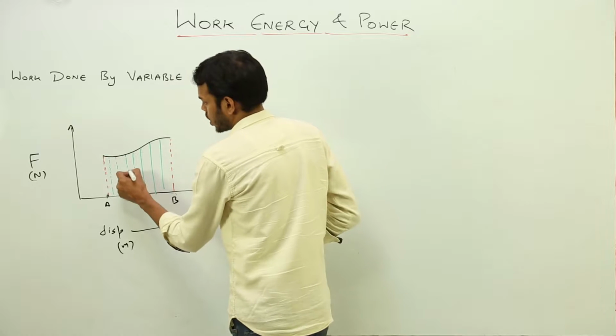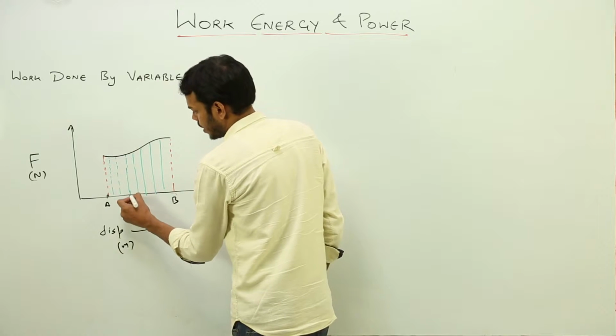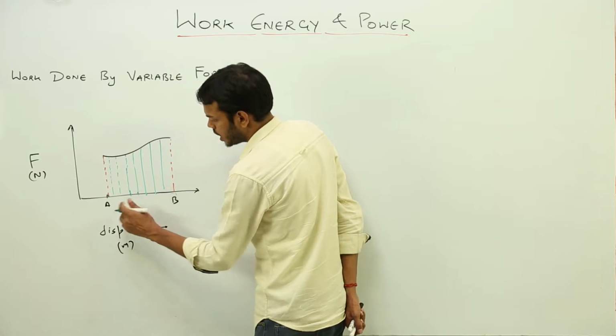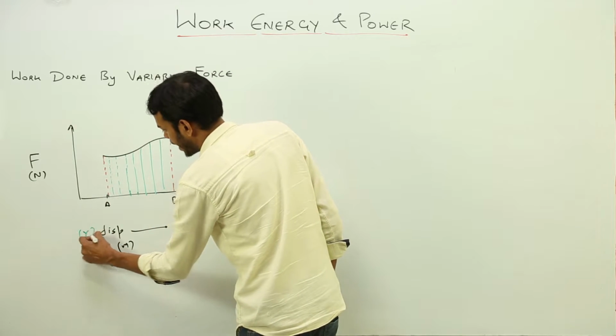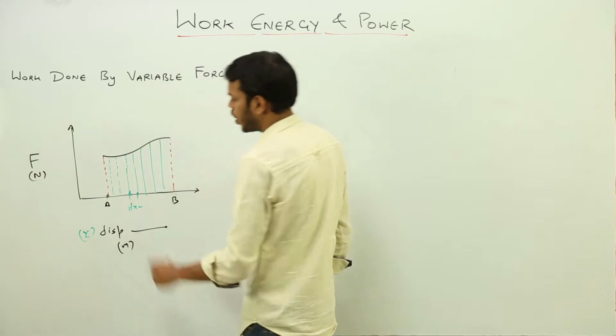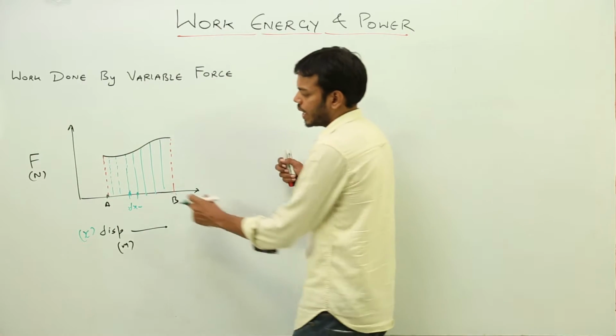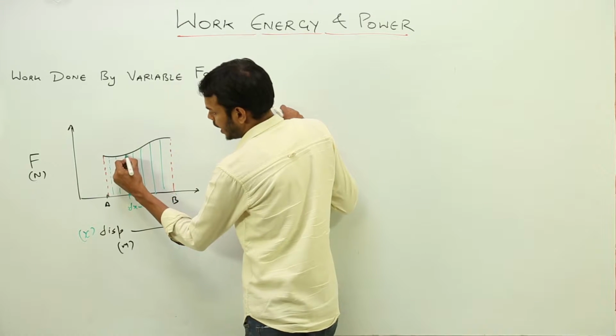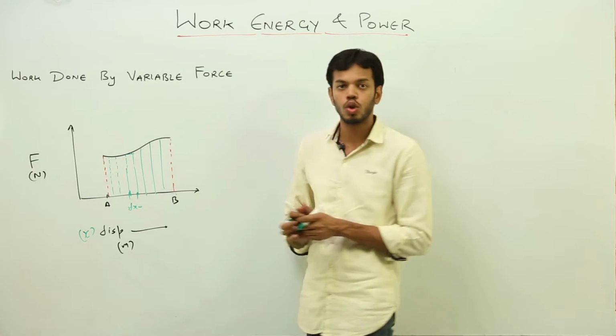Consider one such box. Here is a very small displacement. Here I have denoted it in x, so let us say this part, very small displacement, is dx, alright. Also, when the displacement is very small, for a very small interval of time the force is almost constant.